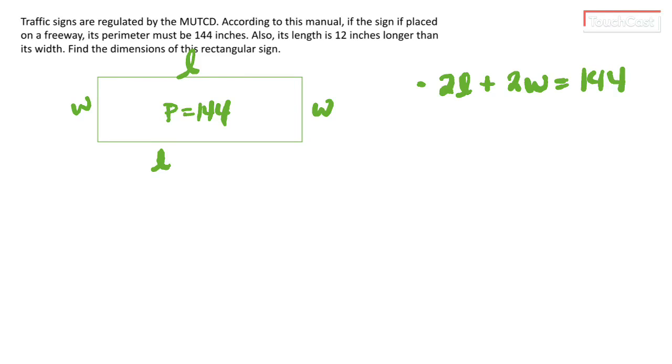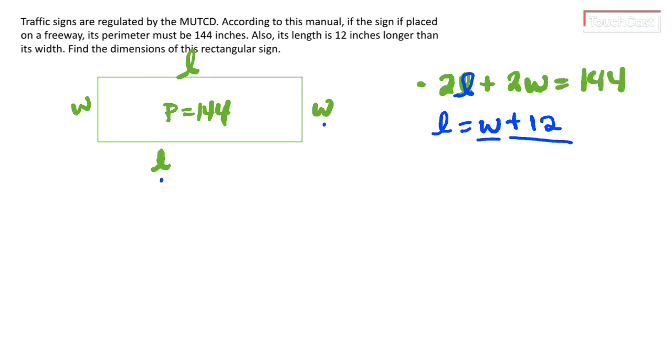We know that the width is less than the length, and so if we wanted to write a statement about the length, we could say that it is the width plus 12, because we know that it is 12 inches longer than the width. And so now we have a statement for L, and that's easy to substitute in right here into my first equation and easily solve.